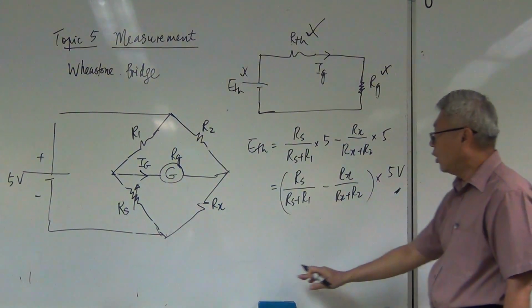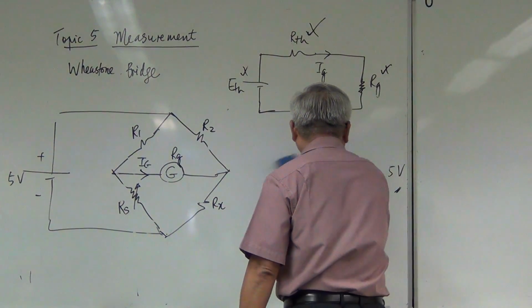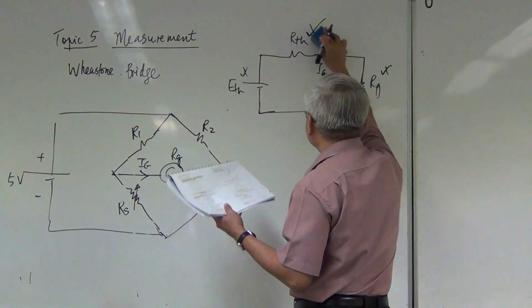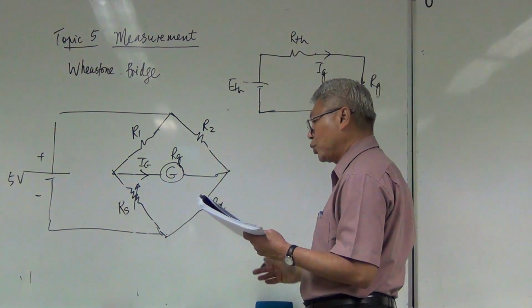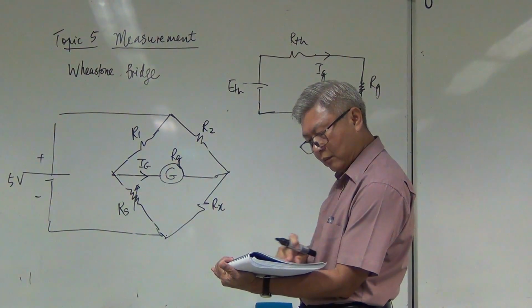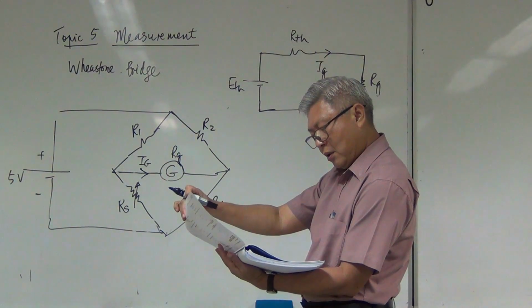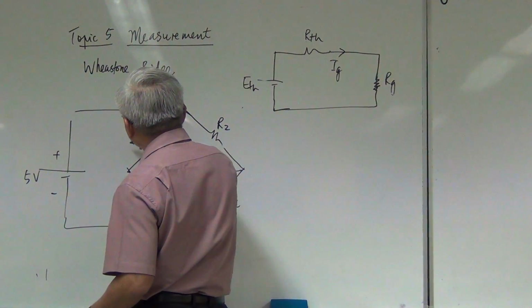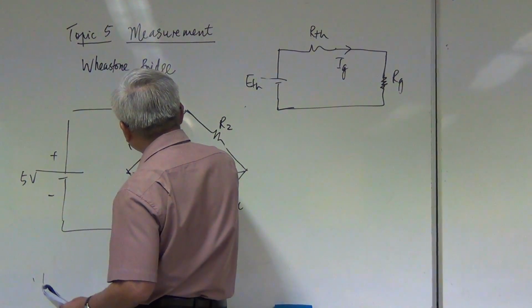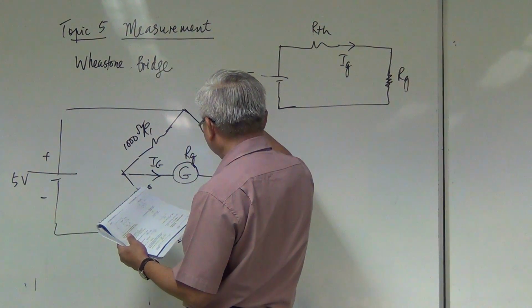Got it? Let us revise with an example with numerical values. Let me go through the example in your notes. Given this is 1000 ohm, 1000 ohm, and this one is 100 ohms.